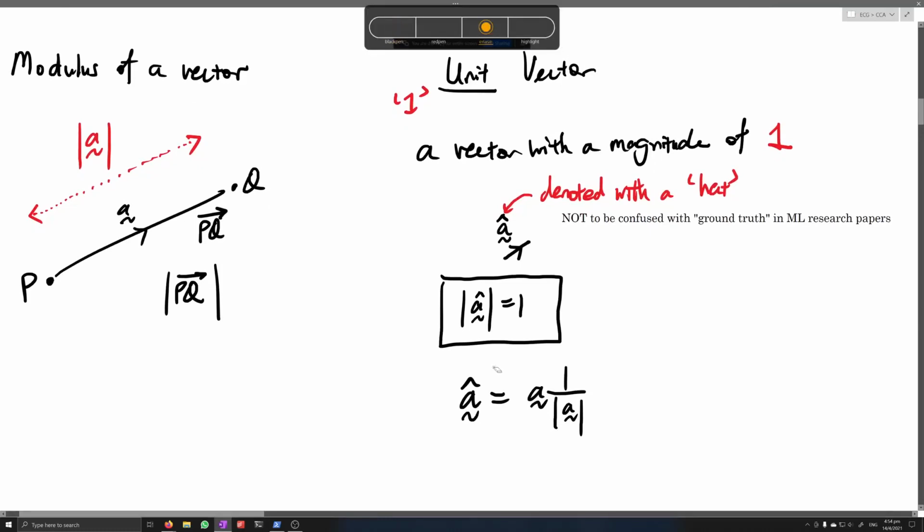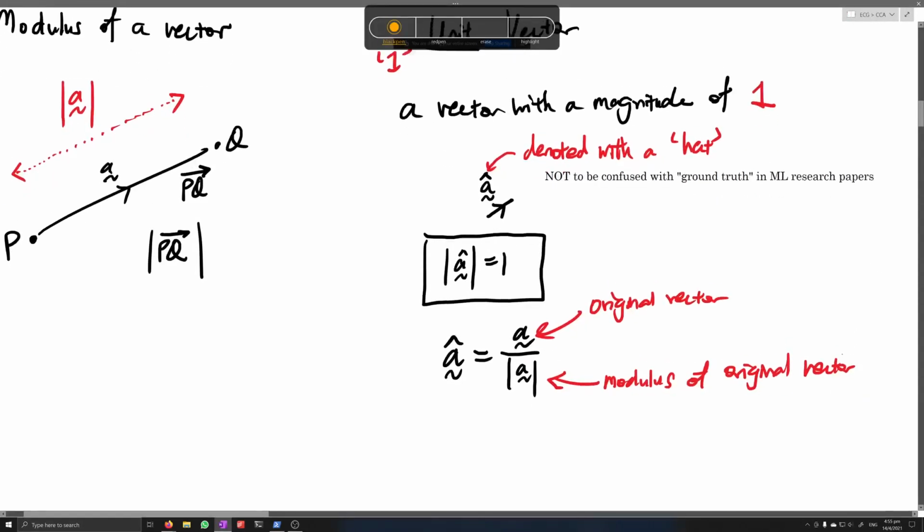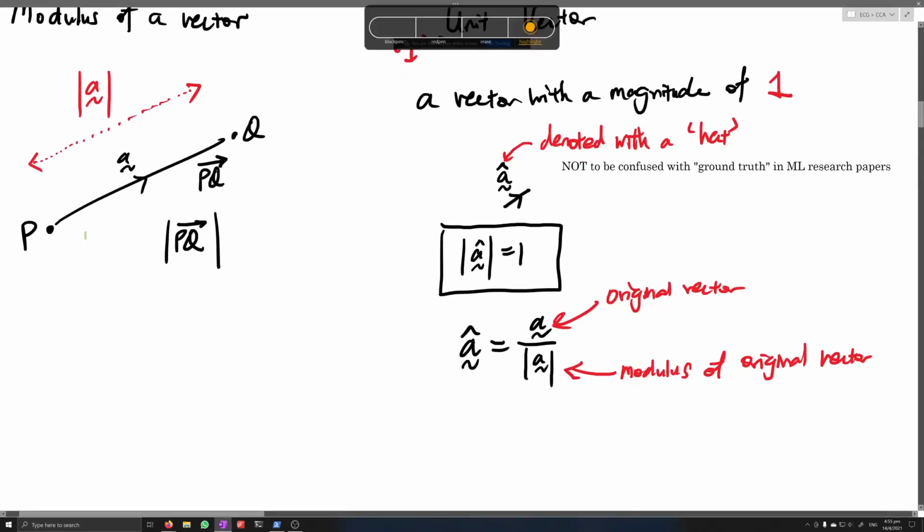So when you receive your math notes later in August, you would see it denoted like so, which can be quite misleading because in vectors, division doesn't make sense. So it may seem weird to divide these two quantities, but just note that this one is the original vector, and here is the modulus of the original vector. So if you think about it intuitively, you have the original vector here.